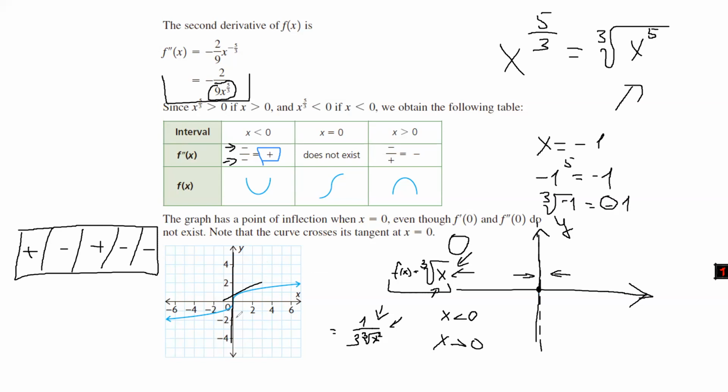Or it could be vertical if, as we saw in this case, the first derivative would be undefined at 0 and the limit would be infinity. This is the vertical asymptote.